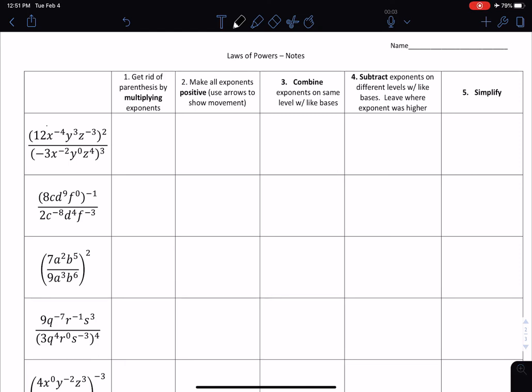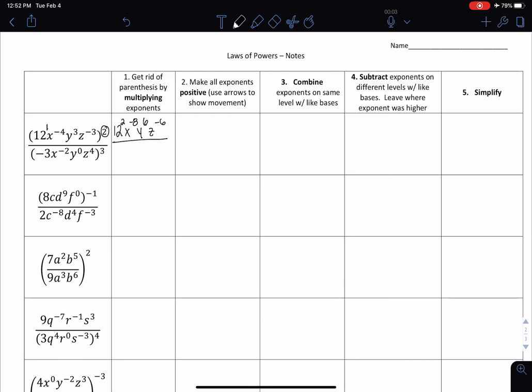So the 12 has an exponent of 1. X is good, Y is good, Z is good. Okay, so now I multiply this 2 to every exponent in my problem, in the top. Okay, so 12, 1 times 2 is 2. Then I do X, 2 times -4 is -8. And then my Y, 3 times 2 is 6. And then my Z is -6.